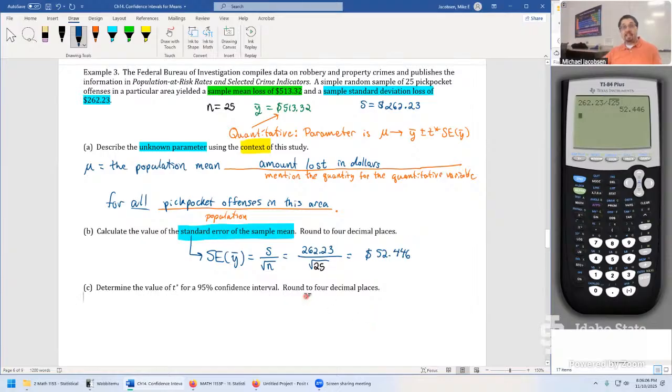From there, the next big thing is to come up with T star. And this is the one where we want to be a little bit more careful. This is the next thing that's new. First thing we can say is if the confidence is at 95%, we drop that in as a 0.95. And we will compute the degrees of freedom quite a lot, so it's good to have an overall procedure.